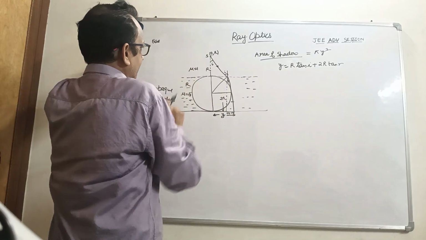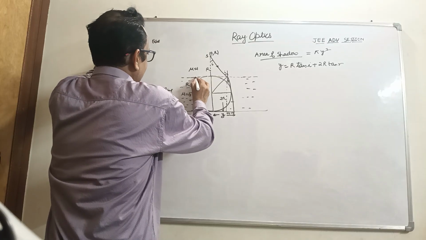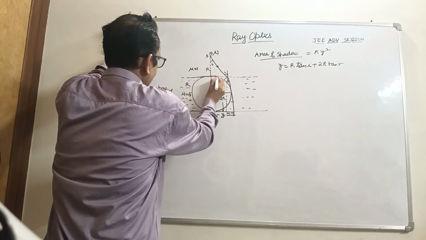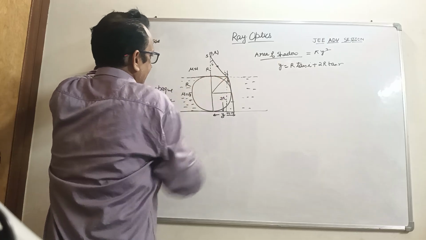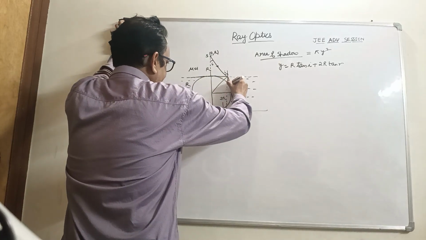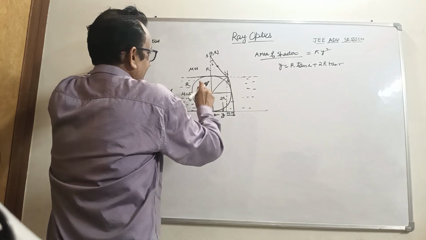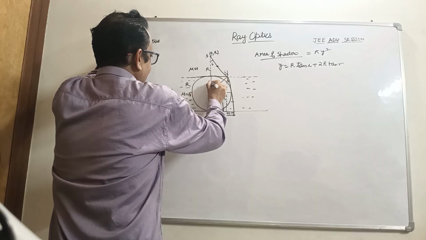See over here the pattern. This line is a tangent, and this is also a tangent. First, see, this length is r.